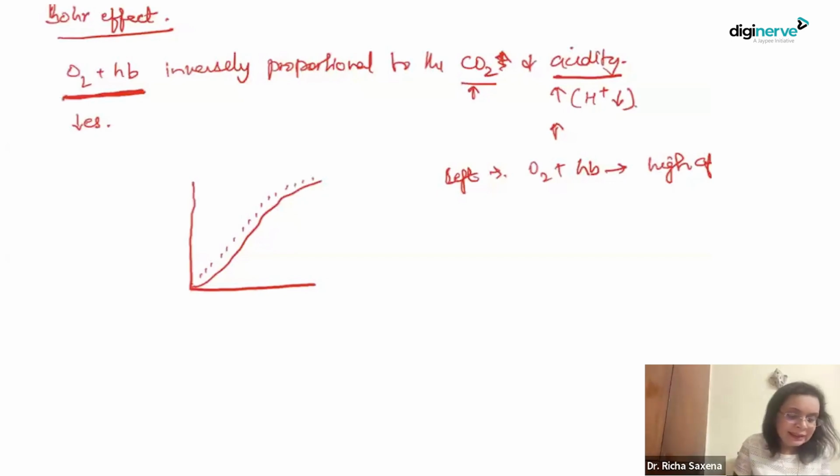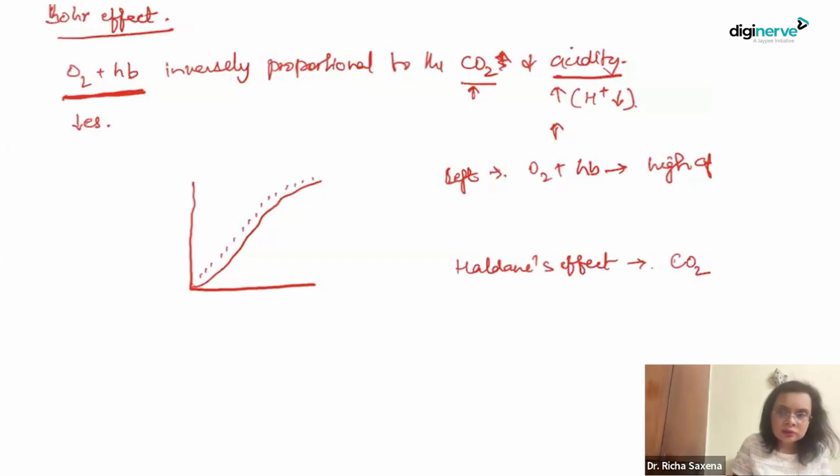Now, what happens in Haldane's effect? Haldane's effect is opposite. And this refers to the ability of carbon dioxide, the affinity of carbon dioxide to combine with deoxygenated hemoglobin.